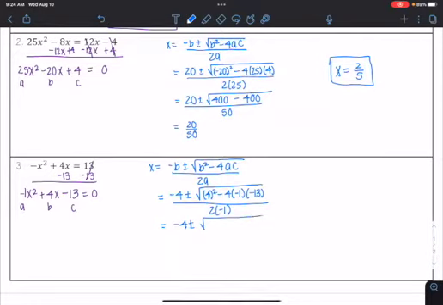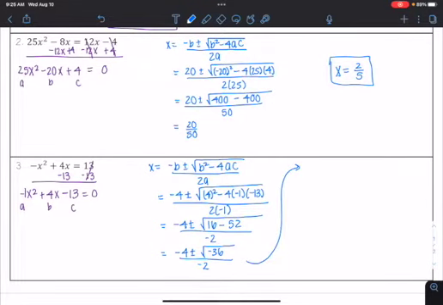Simplifying that radical, 4 squared, I get 16 minus negative 4 times negative 1, which is 4, and then 4 times negative 13, and I get negative 52. And 2 times negative 1, I get negative 2. When I do 16 minus 52, I get negative 36 all over negative 2.